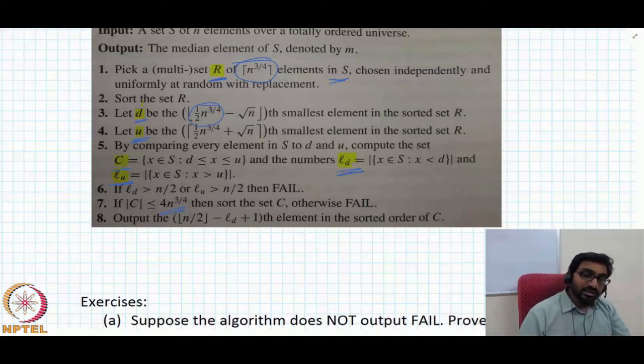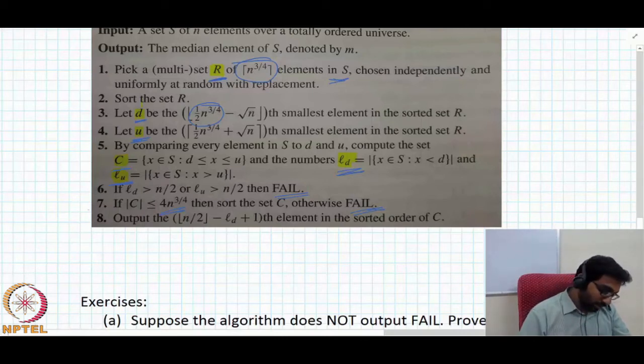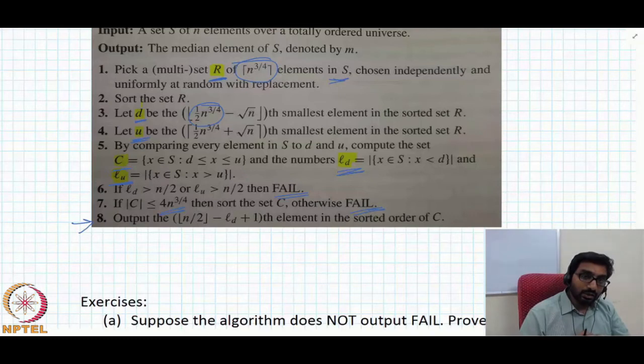If we realize that the choice of D and U are bad, we immediately output a fail. Now that we have ensured, now we're at step 8 here, we've ensured that it's not a failure. Our choice of D and U are good. So at this point, we can easily output the median.